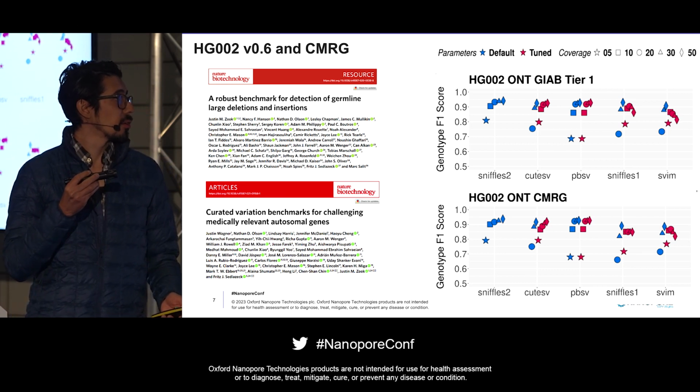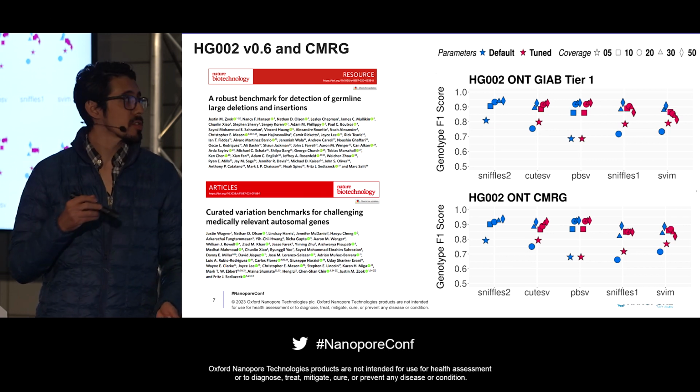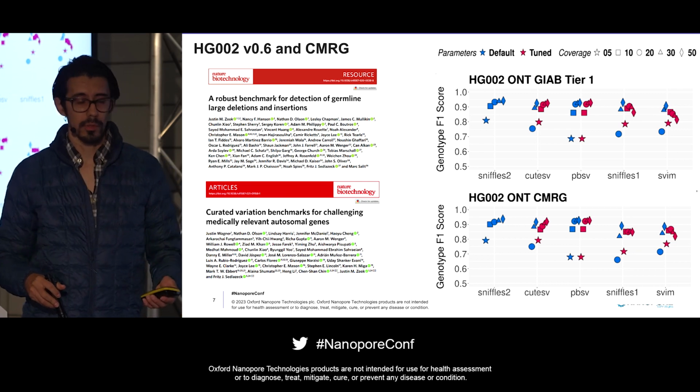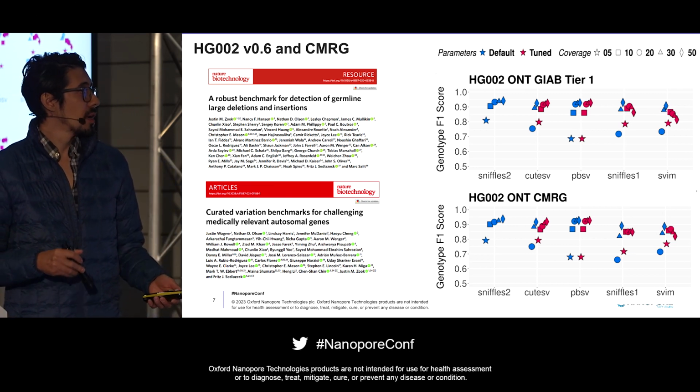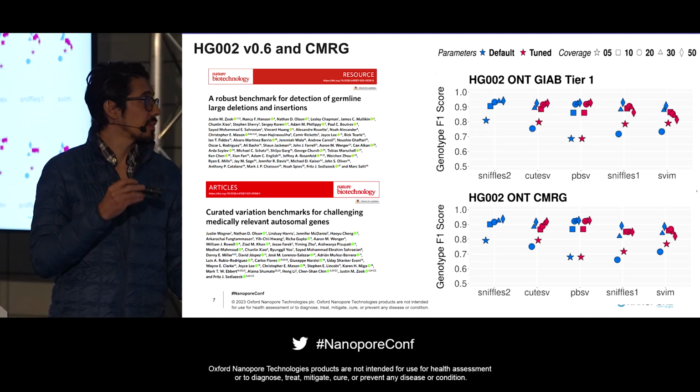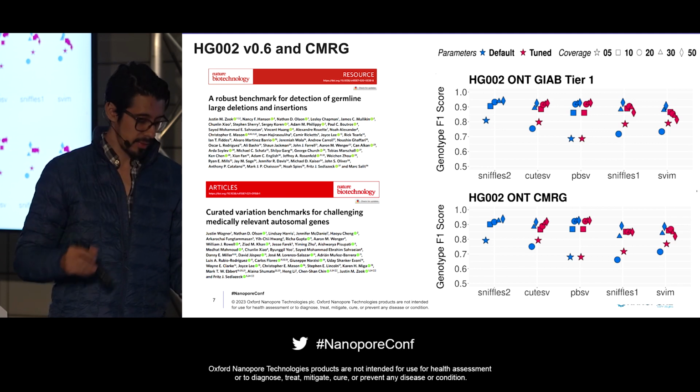All the blue figures are in default mode for all the tools, and all the red ones are when we tune the parameters for the competing tools, on a wide range of coverages from 5 to 50x. As you can see by the genotype F1 score, Sniffles 2 has the best performance compared to other tools. Some stars are not even shown here because the genotype F1 is below 0.5.